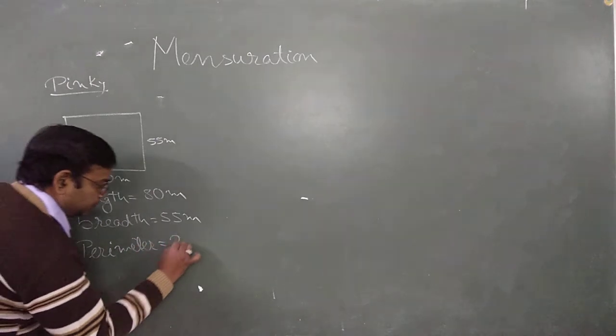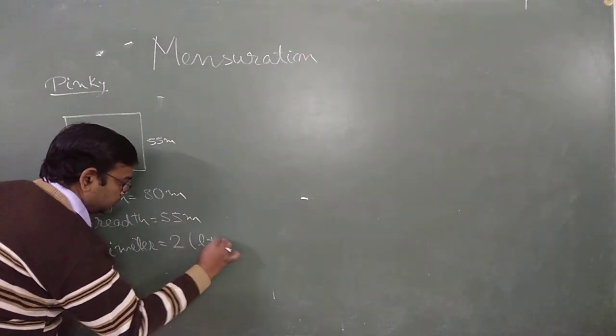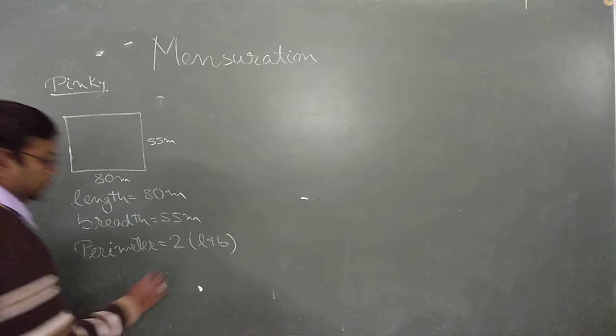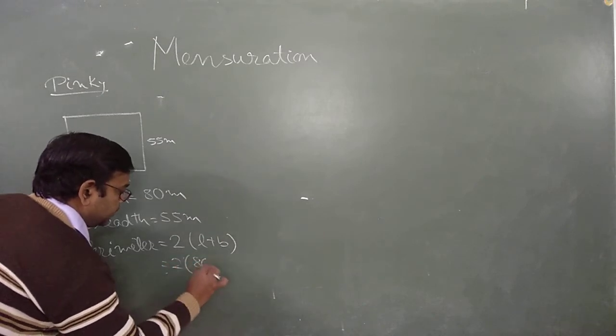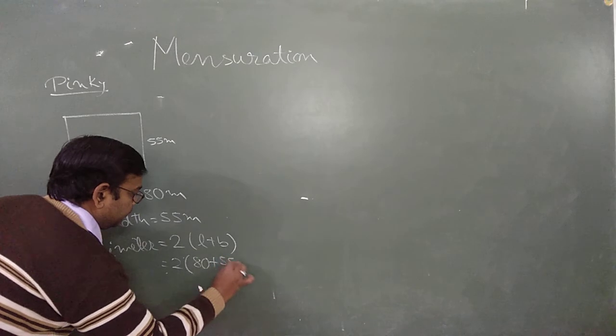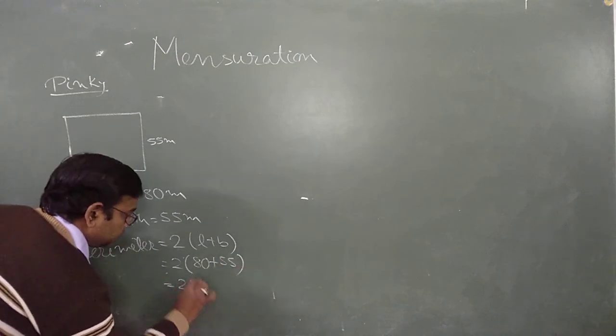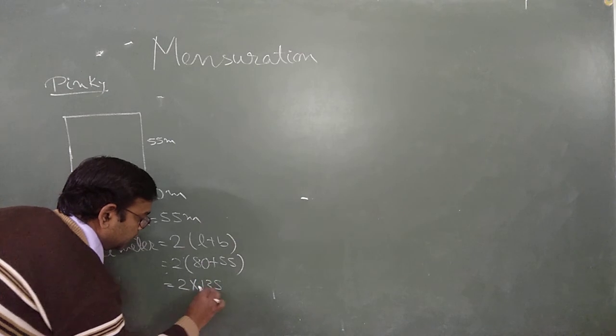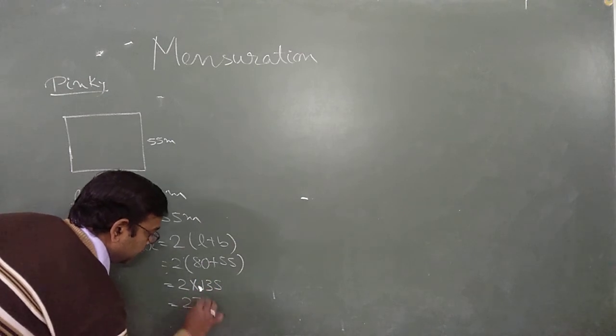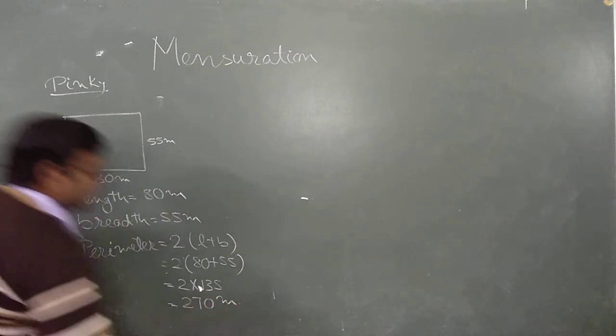always write the formula as I told you earlier. Then 2 into (80 plus 55), it's 2 into 135, it's 270 meter.